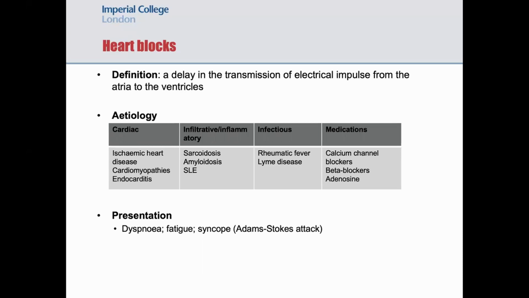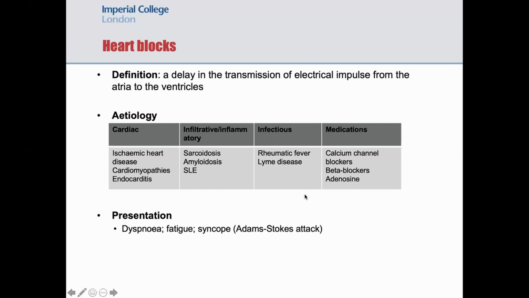Like I said, any underlying cardiac disease can cause abnormal rhythms, and inflammation and infection can cause a lot of things, and in this case can also cause heart blocks.